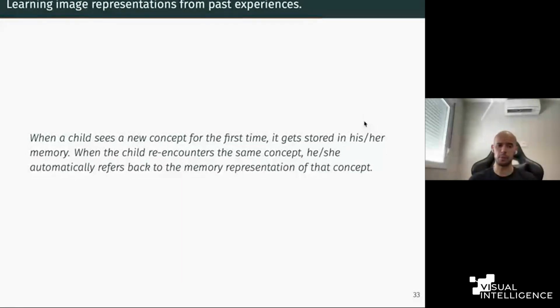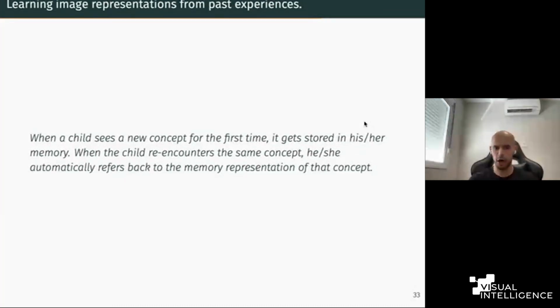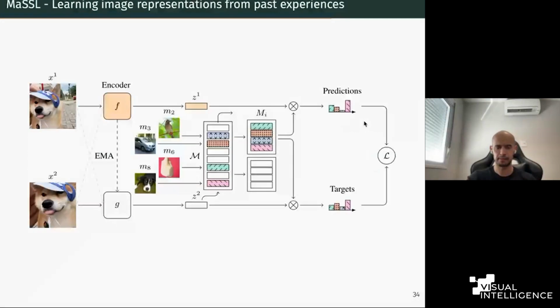It will recognize the dog, because when it sees a dog, it refers back to memory almost immediately. That's the idea of using memory to correlate what's being seen at the moment with what has been seen in the past.